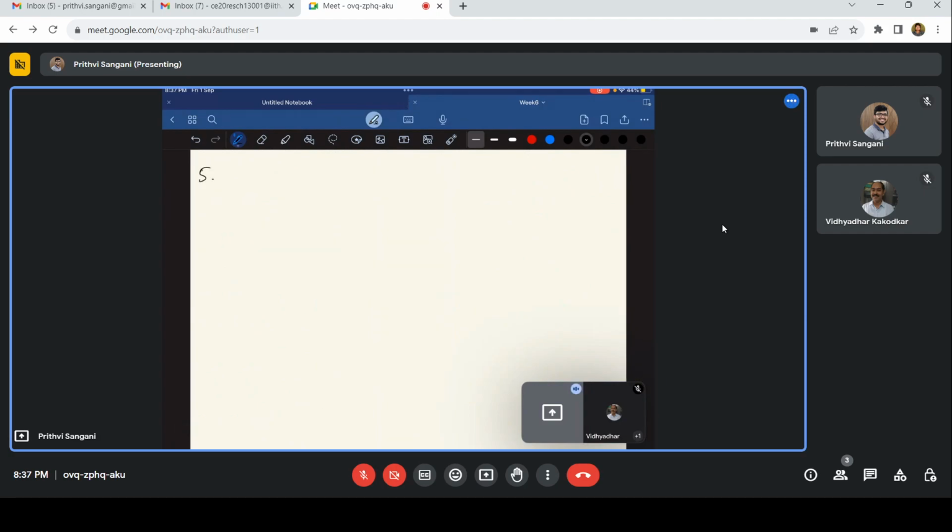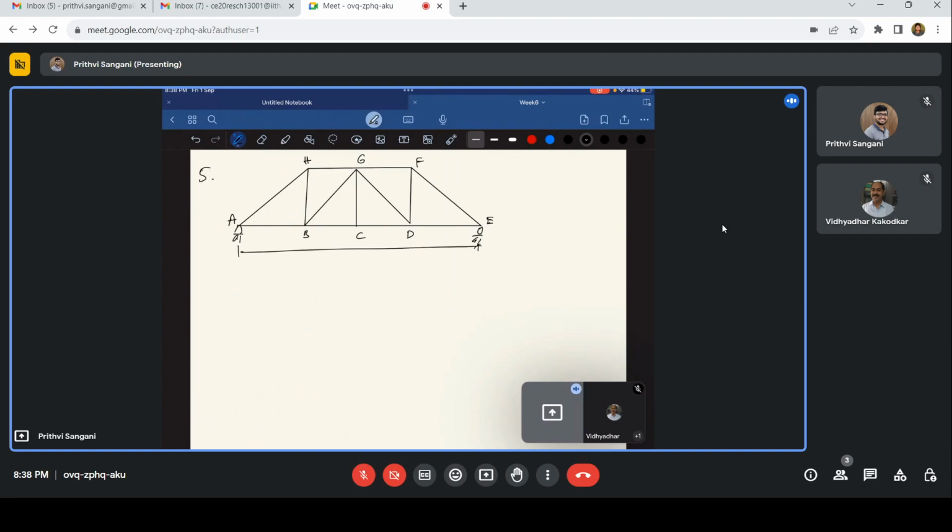So we have a truss. This is simply supported, with joints A, B, C, D, E, F, G, H. Let us say it has equal spans, equally spaced at 6 meters, 6, 6, 6, and the height is 6 meters.